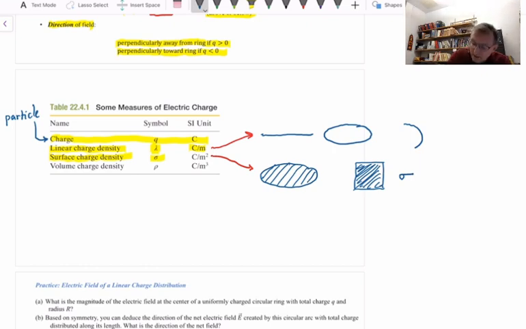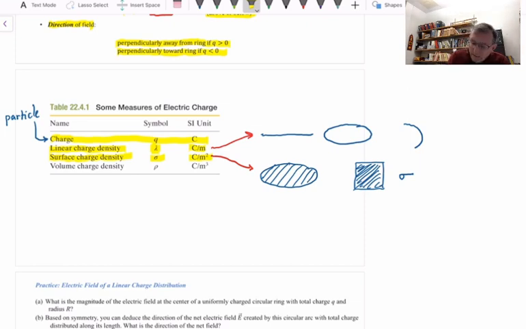And it has SI unit of Coulomb per meter squared. So, if it's a line distribution, you have a linear charge density, lambda, in coulombs per meter. If it's a surface charge distribution, then you have a surface charge density, sigma, in Coulomb per meter squared.